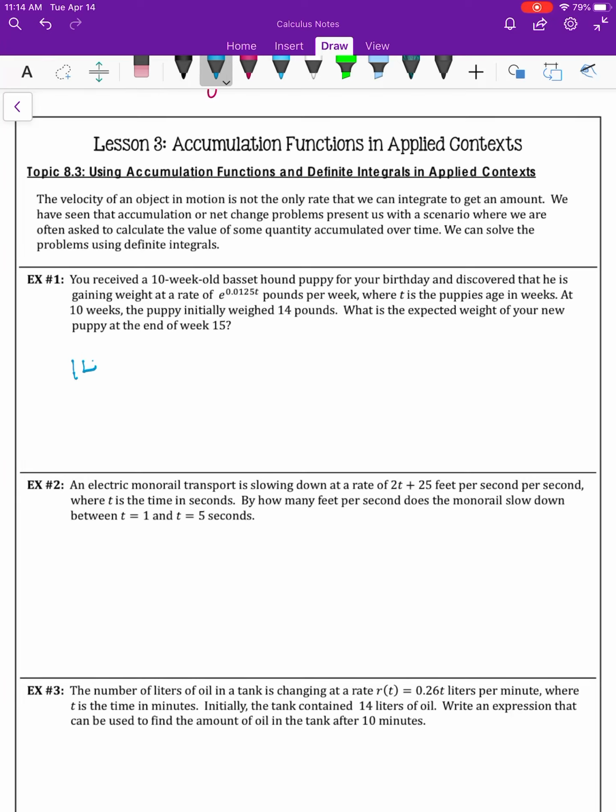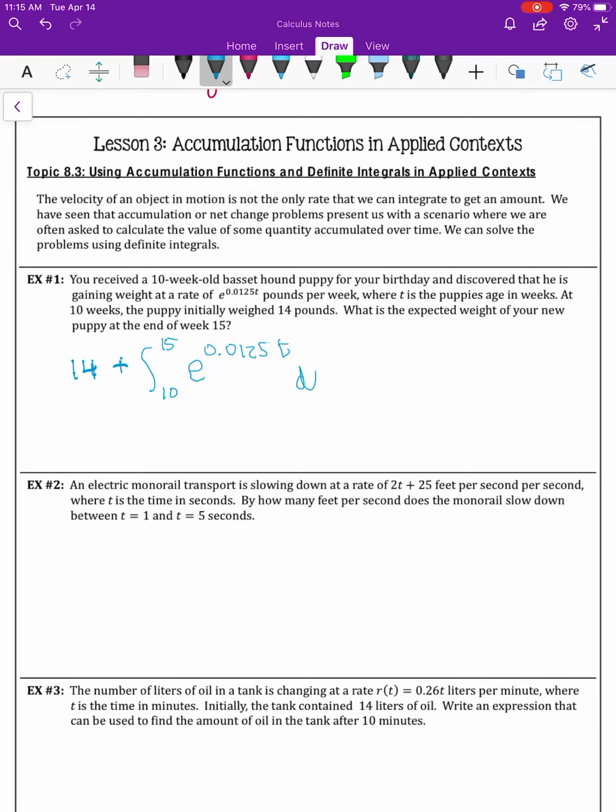Since they gave us that initial value, it was not at time 0, but it was considered an initial value. We can put that 14 first, plus the integral from 10 to 15, because 14 was the weight up to 10 weeks.